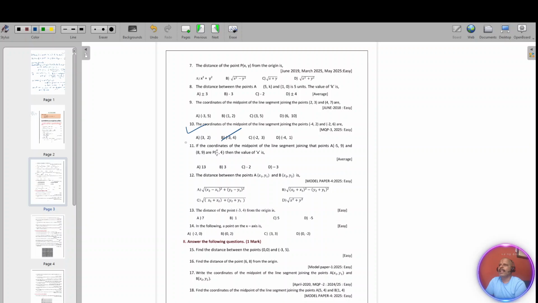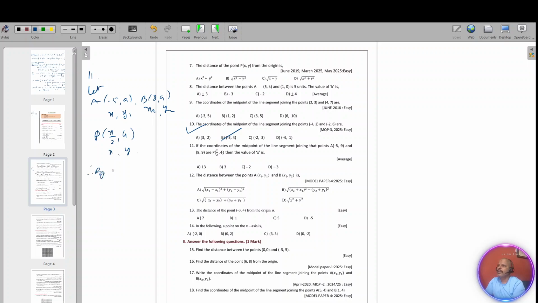Do the 11th one. It's the same midpoint formula, but they have given the midpoint coordinates. Let's see, this is important. Let A of (minus 5, 9), B of (8, 9), we call them x1 y1 x2 y2, and we call P of (x by 2, 4) as x y.